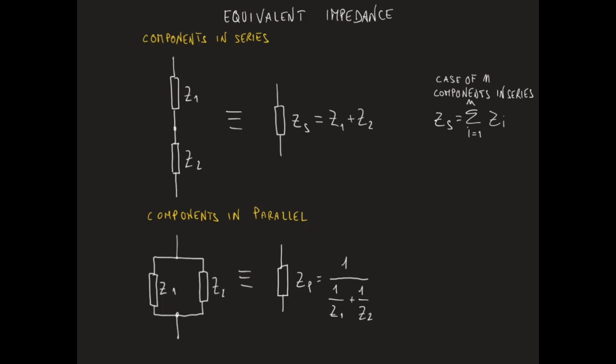We can, of course, extend this rule to the case of n components in parallel, in which case the equivalent impedance Zp will be given by 1 over the sum for i going from 1 to n of 1 over Zi.